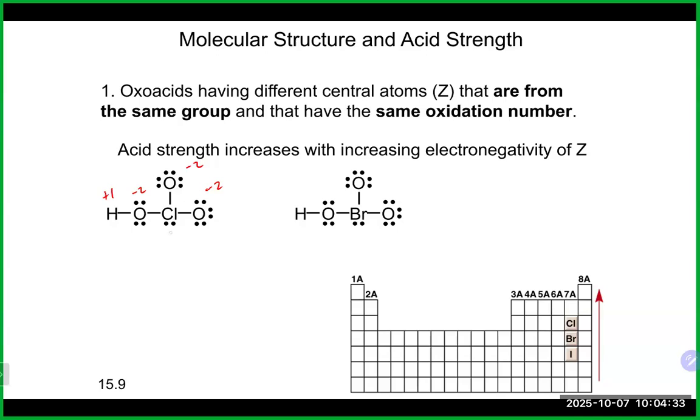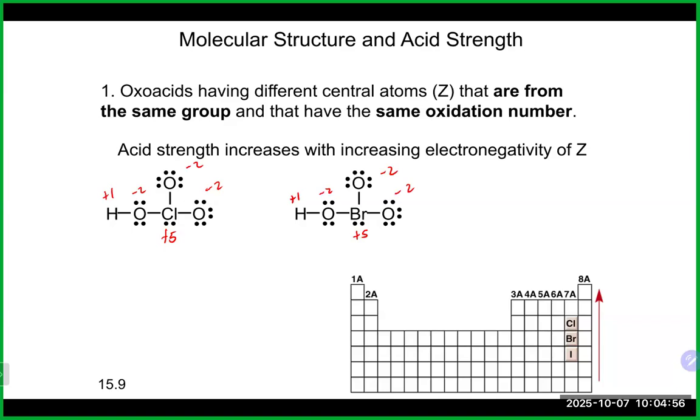This whole thing is neutral, which means the chlorine here is carrying a +5 oxidation state. If we do the same thing to this acid here, -2, -2, -2, +1, same deal, 2, 4, 6, and +1 is -5, and the bromine here would be carrying a +5 oxidation state.